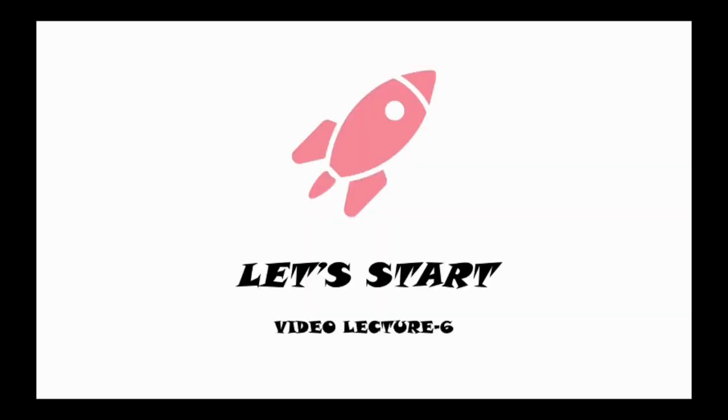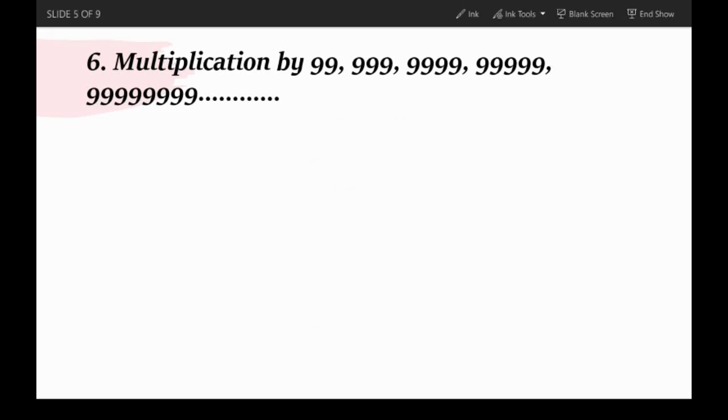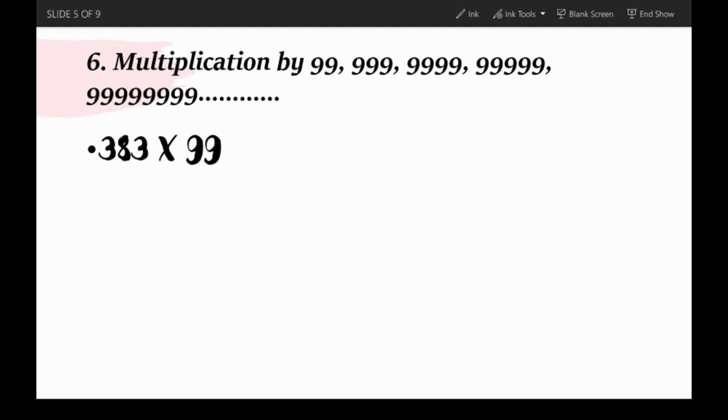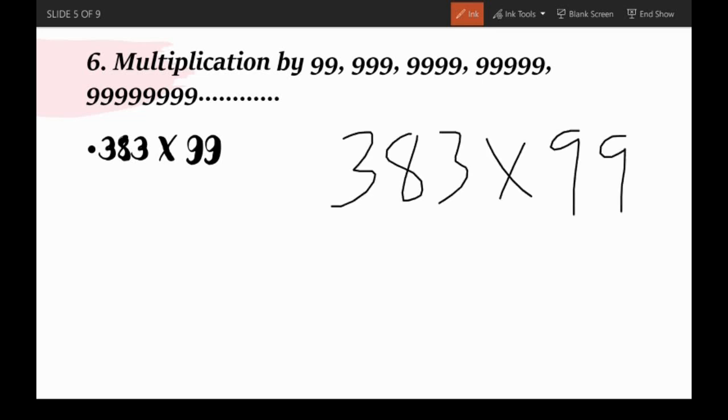So let's start our sixth video lecture in this series. If you have gone through the fifth video lecture, there we discussed the case, and first we'll see an example. Here it is 383 into 99, but in the fifth video lecture we discussed a case where we have an equal number of digits on both sides.